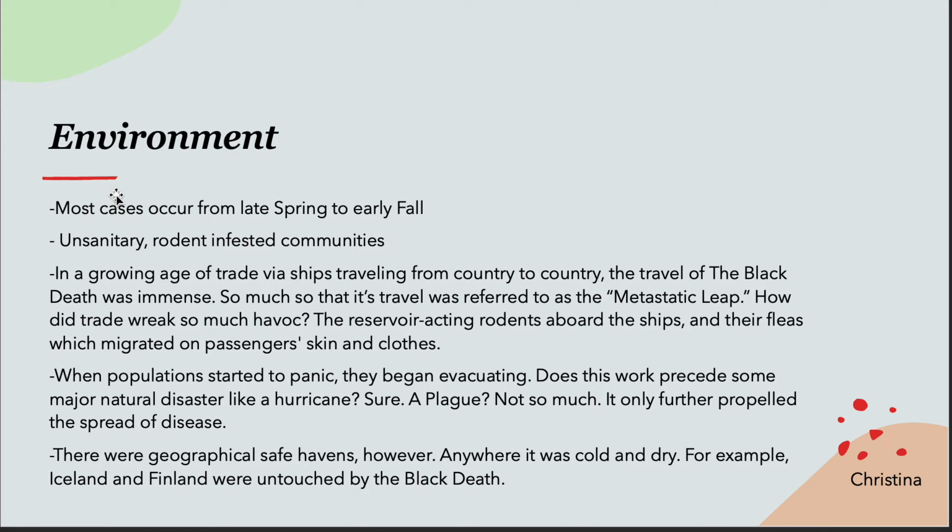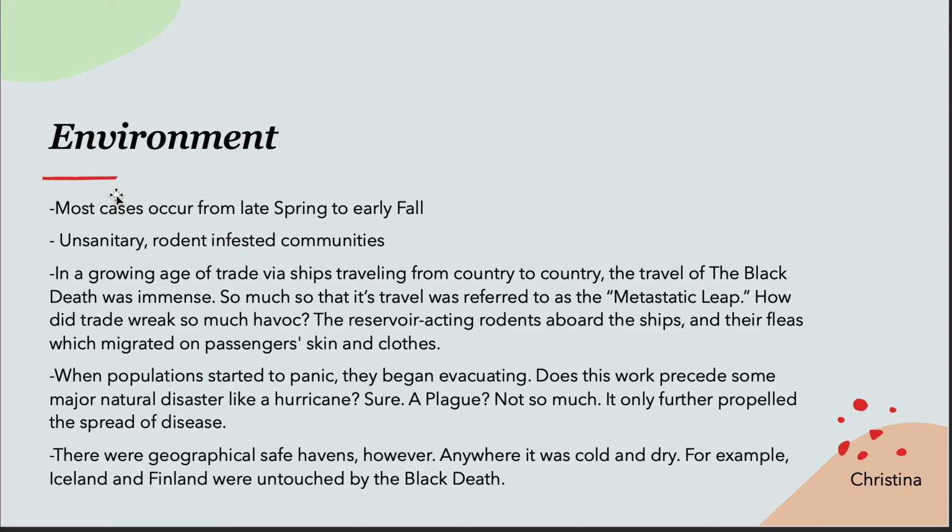The environment. Most cases occur from late spring to early fall. Unsanitary rodent-infested communities greatly increase the risk of catching the bubonic plague and transmitting it. In a growing age of trade via ships traveling from country to country, the travel of the Black Death was immense.